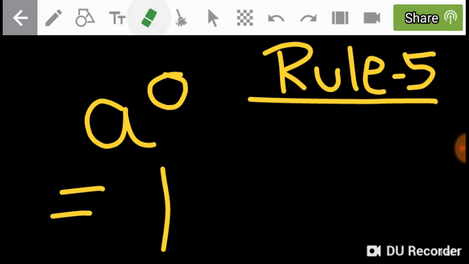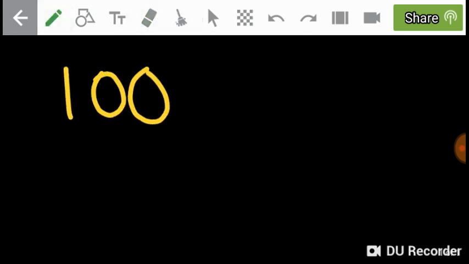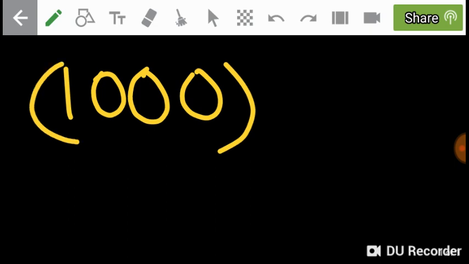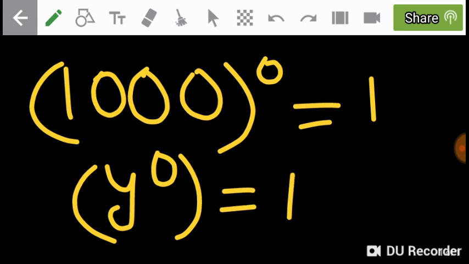So even if 1 million is given to you like this, or 1000, and the exponent is 0, nothing to worry, just close your eyes, write down 1. Anything to the exponent 0 is 1. May it even be an algebra, the answer is 1. So these are the 5 rules that you need to know while you solve problems based on power rules.